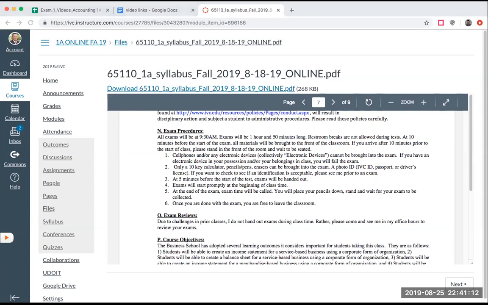I have a whole section on exam procedures, which is a good thing to read. It's basically an hour and 50 minutes, pretty much 2 hours, and I'm very clear about when time's up. So that's what will happen when you come into the exam room.